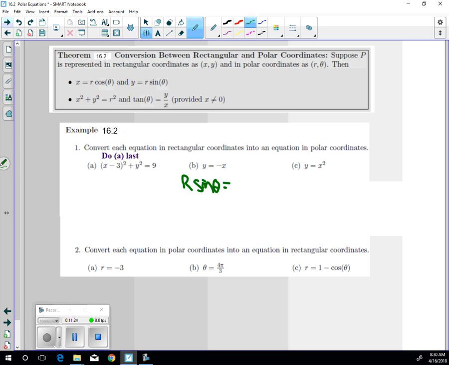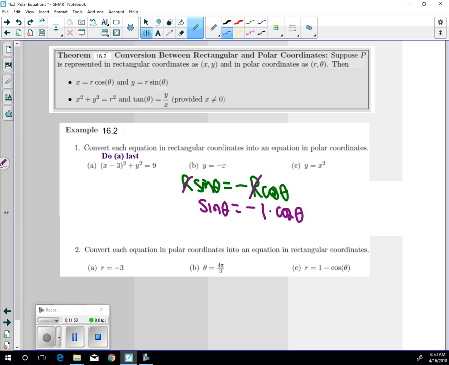What was x again? R cosine theta. Yep. Okay. Anything cancel out? The r's, yep. And so you're going to get sine theta equal to negative 1 times the cosine of theta.